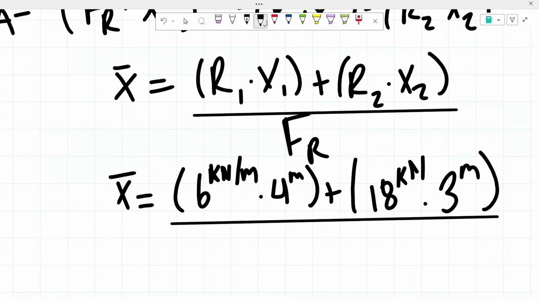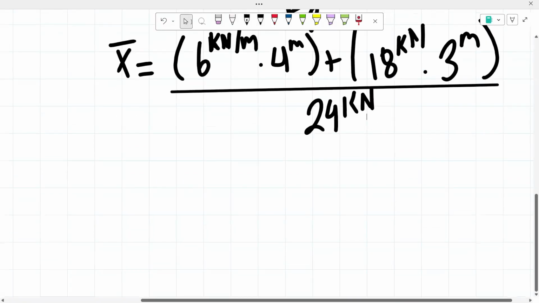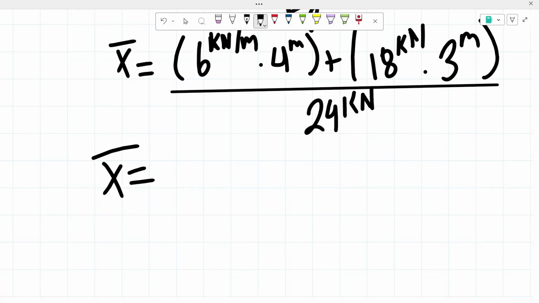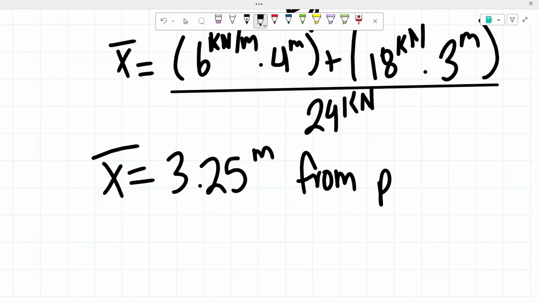And we know that our resultant force is equal to 24 kilonewtons. Now, if we plug that into our calculator, we end up getting that the location of our resultant force from point A is equal to 3.25 meters from point A.